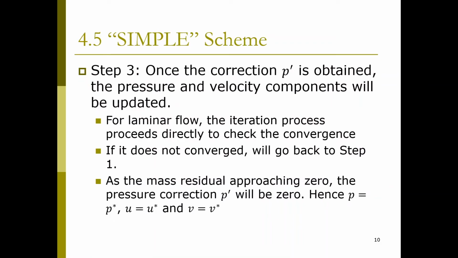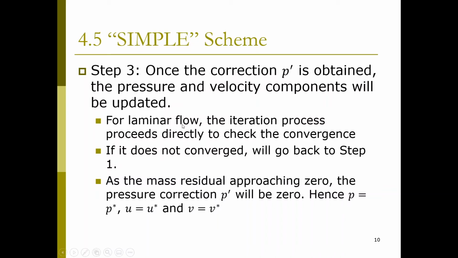Okay, in step 3, correct pressure and velocity equations. So once the correction p is known, the pressure and velocity components will be updated. So for laminar flow, which is incompressible, we will just skip step 4 and go straight to check for convergence.